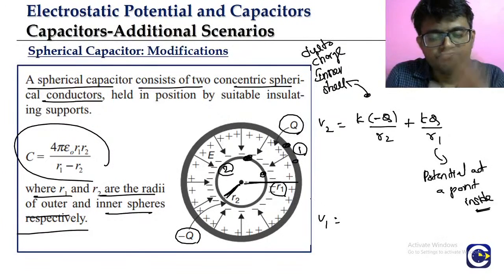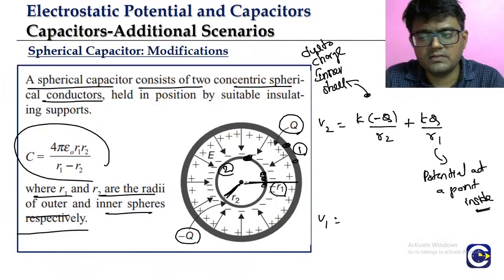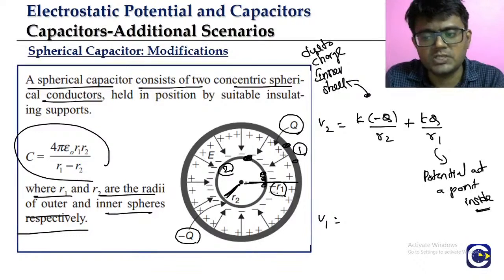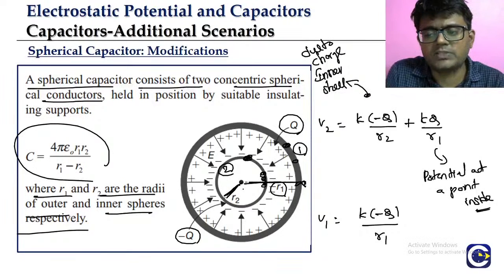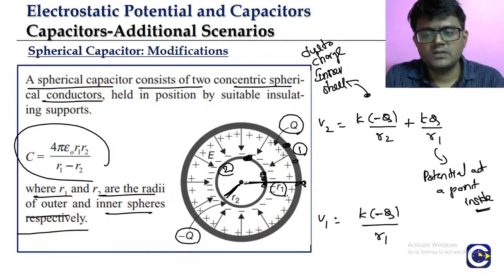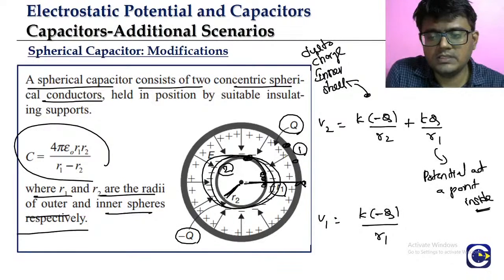Next, look at the potential on surface 1, the outer surface. Here the charge on the inner shell also creates a potential. Its value is K into minus Q by R1. This is like a point outside the spherical shell.